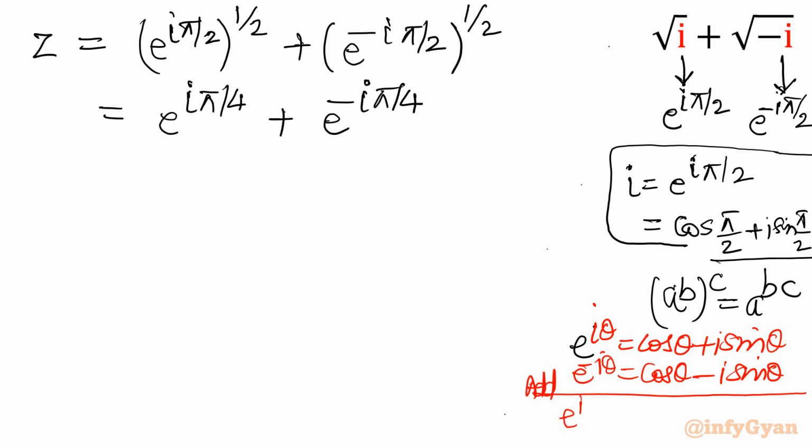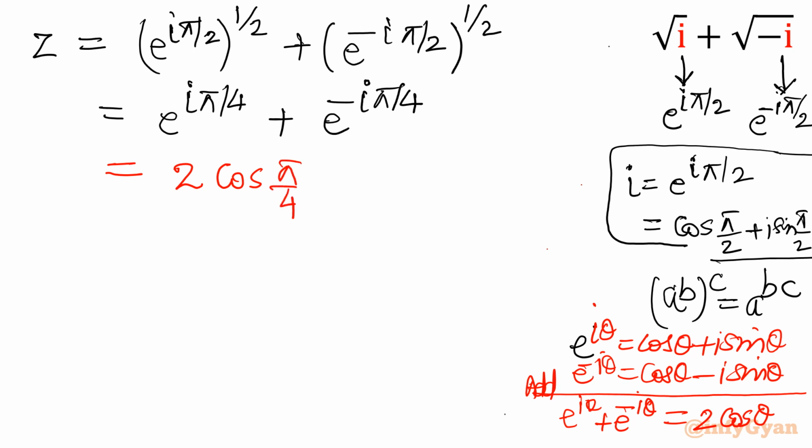So e raised to the power i theta plus e raised to the power minus i theta will be equal to 2 cos theta. I will write directly, it is 2 cos theta. Theta means pi over 4.